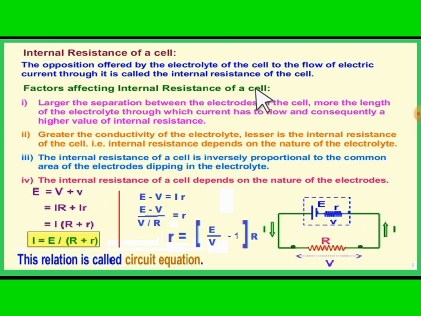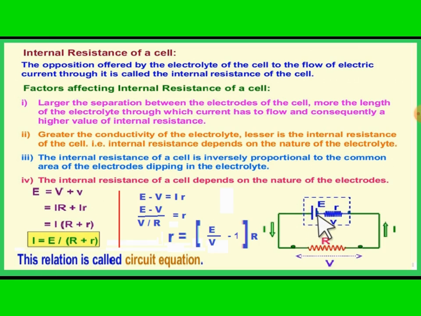Internal resistance of a cell. There are various factors which affect the internal resistance of a cell. It depends upon the nature of the chemicals, or rather the electrolyte that is placed so as to make it a source of EMF.